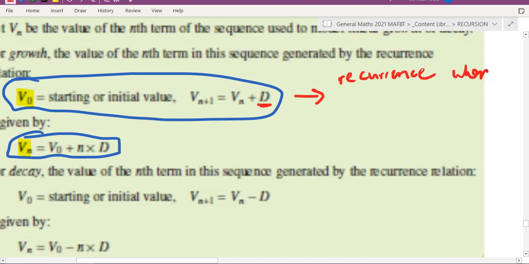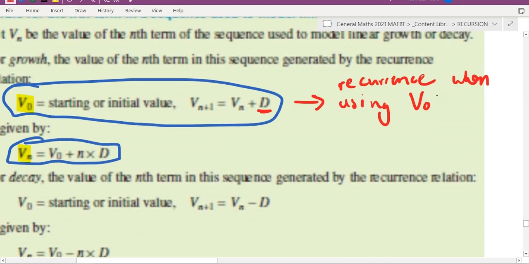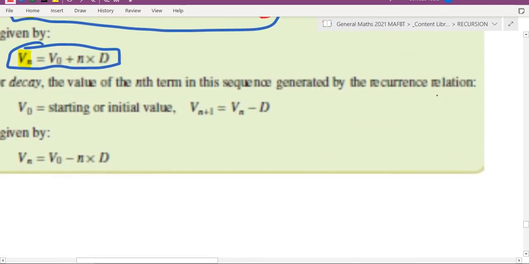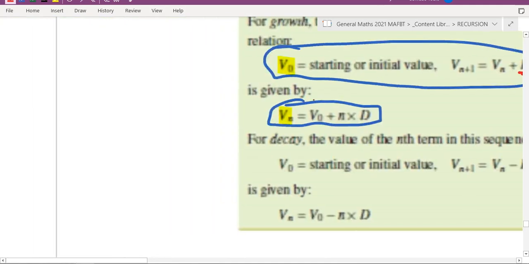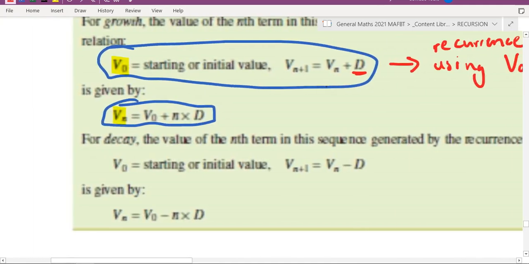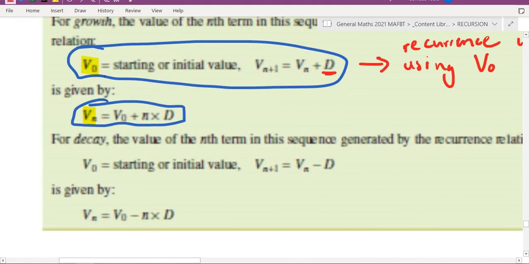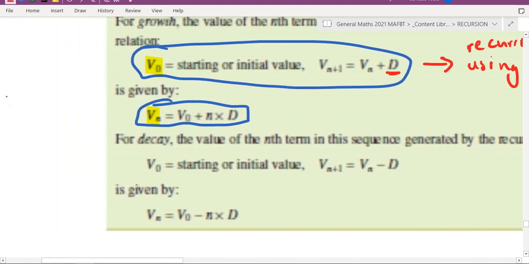And, when using V0. Okay, so just keep that in mind. But then what changes here is if you look at this current rule, I'll leave that here. So if you look at the old nth term rule, does anyone remember the old nth term rule?